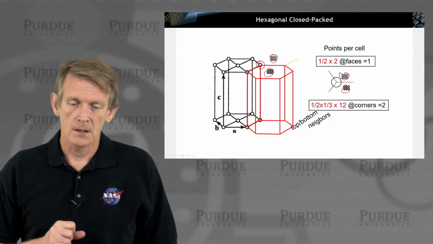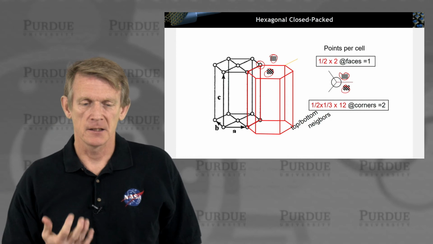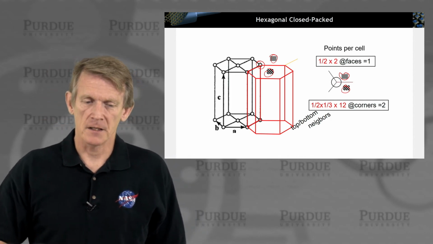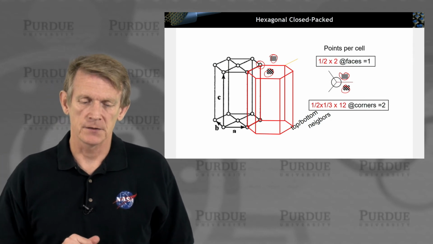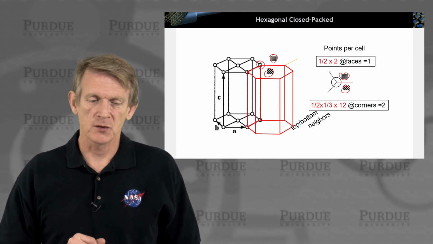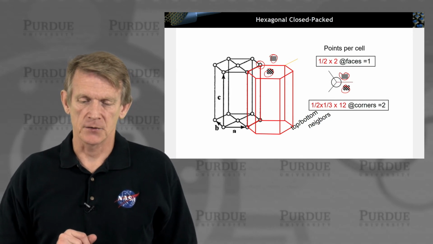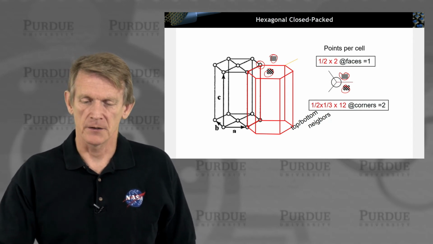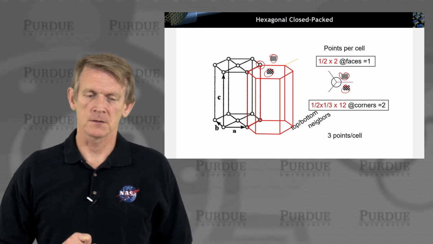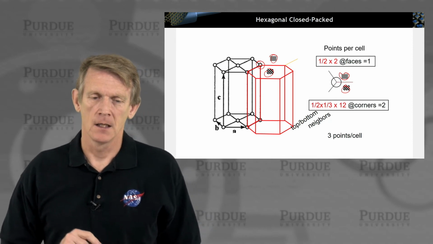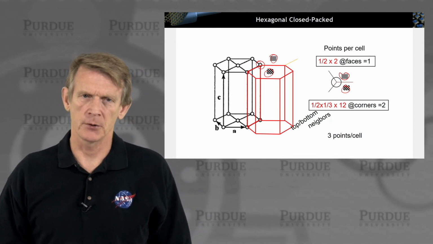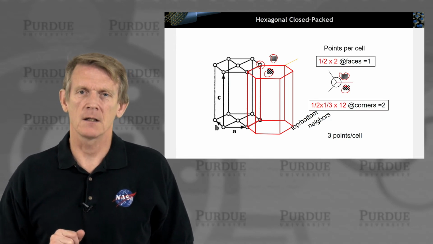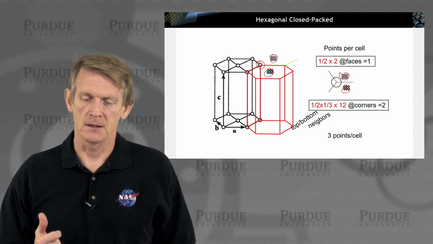So that atom is shared by 3, plus it's shared up and down in the surface, so half, but we have 12 of those atoms at these corners. So the number of atoms in that cell on the corners is 2. That means this hexagonal close-packed system has 3 points per cell. So you have to walk your way through carefully to understand how many points per cell you have.